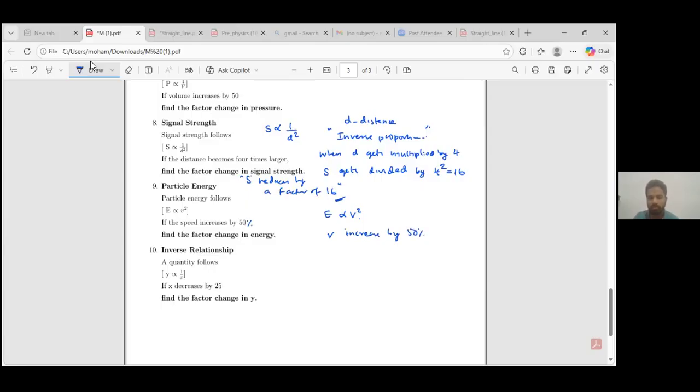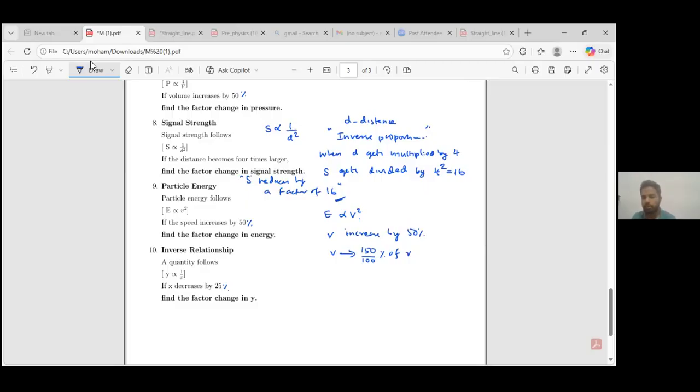So from that you should understand that when V increases by 50%, it becomes 150 out of 100% of the V. It becomes 150 over 100 of V, right?